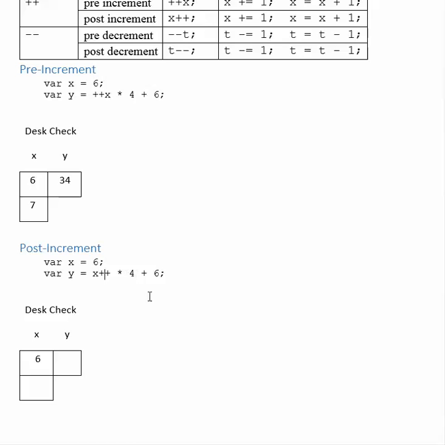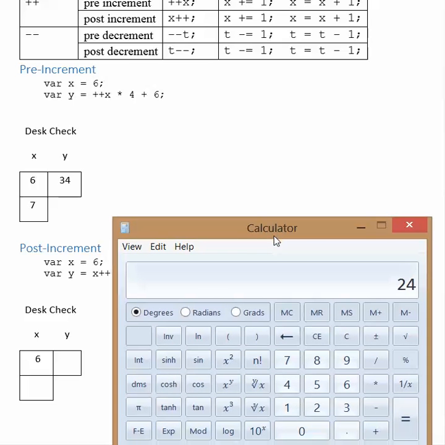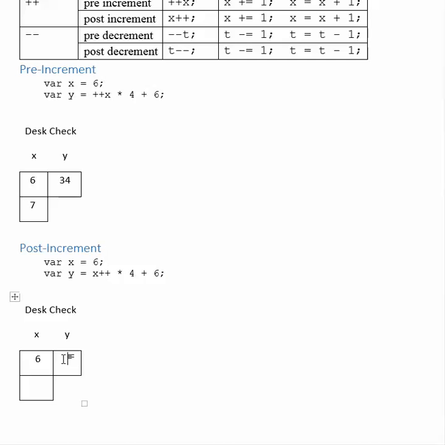So we're going to do 6 times 4, which gives us 24, and then of course our plus 6, and that gives us 30. So in this case, y equals 30, and then after we're done with that, we go in and change x to 7. So now for any subsequent lines of JavaScript, x will be 7.